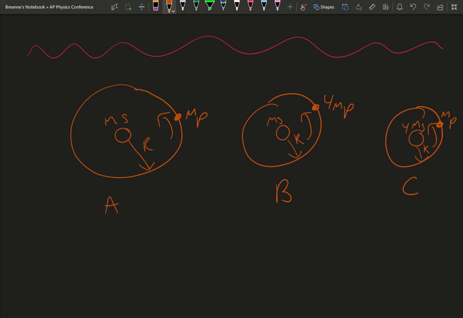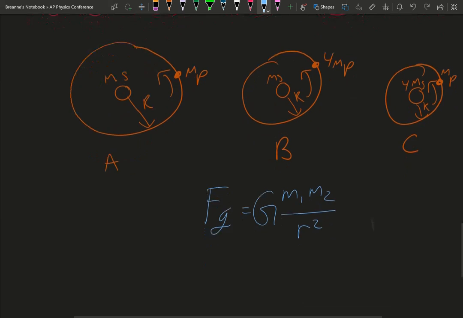You get a point for system B, and a point for system C. So if we're looking at system B, the magnitude of the gravitational force exerted on planet B by star B. So this is where we're playing our force of gravity equals our gravitational force, m1 m2 over r squared.